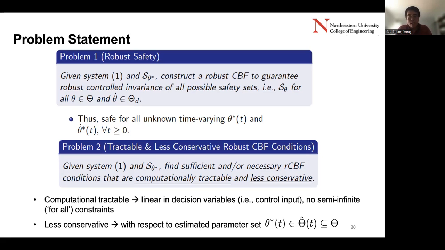So we don't want to have any semi-infinite or for-all constraints anymore. We want to make sure that everything is written in a way that when we plug it into the safety filter, it's computationally tractable, meaning we can use a QP for it.